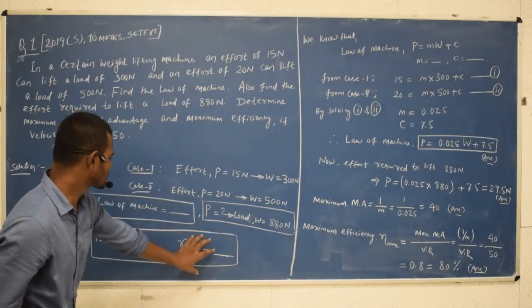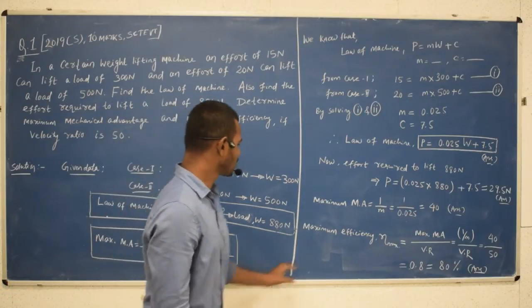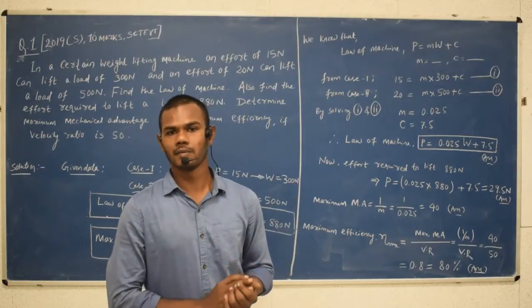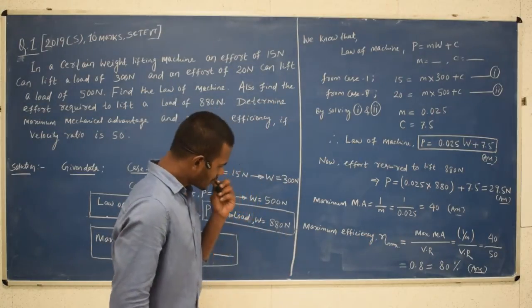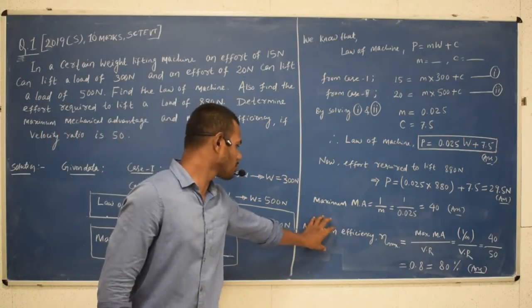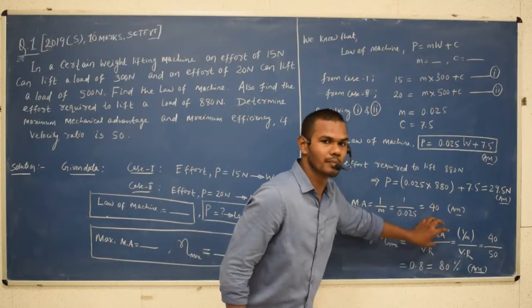Now comes the last calculation, maximum efficiency. We know that efficiency is mechanical advantage divided by velocity ratio. When the question asks to calculate maximum efficiency, in place of mechanical advantage put the maximum mechanical advantage.